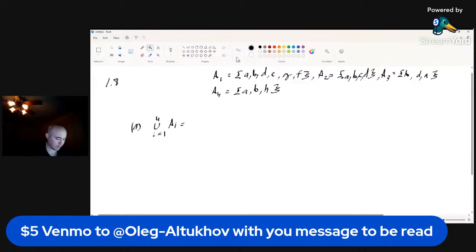So here we go. We want to have the union of A_i. And we're on section 1.8, page 29. But if you need a reference, you can go back and look at their examples. A good one is going to be on page 25. I'm just quickly referencing it here.